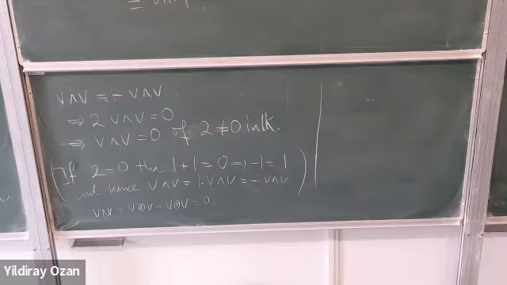So each sigma is a permutation. These indices go from 1 to 5, but in any order. You may have 1, 2, 3, 4, 5, or 1, 3, 4, 2, 5, or 5, 4, 3, 2, 1. What about this thing?